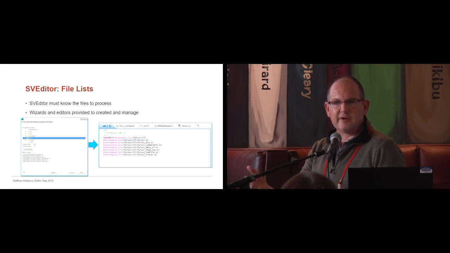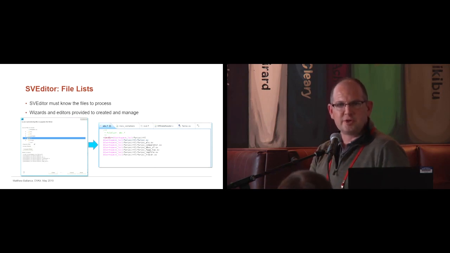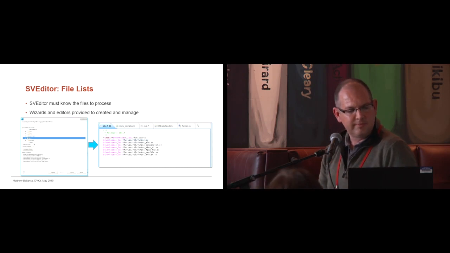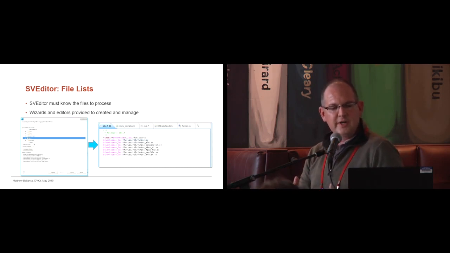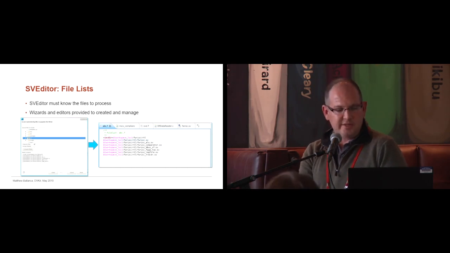We provide an editor for helping you edit and do completion in a file list. There are even some helper scripts if you have a simulation command or a compilation command to extract information from the command line arguments there. So this, again, can help you get started more quickly setting up that information needed by the editor.